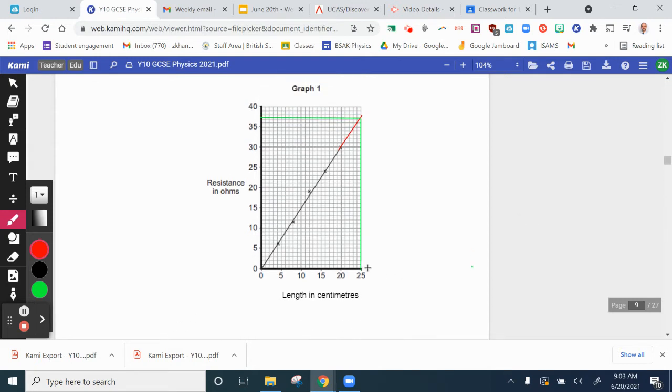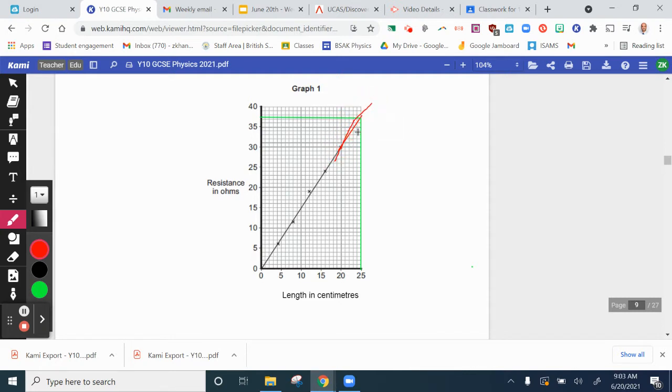So if we look at 25 centimeters, there's no data there. So what we can do is use the data that's already been plotted and extrapolate that line and carry on, because the pattern, how resistance changes with length, should continue.